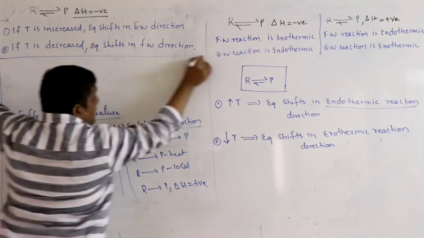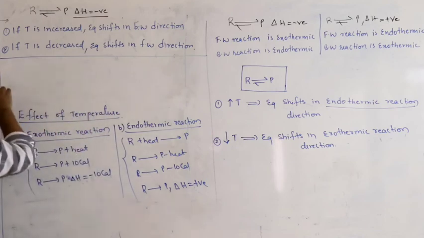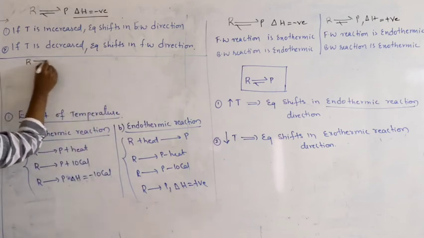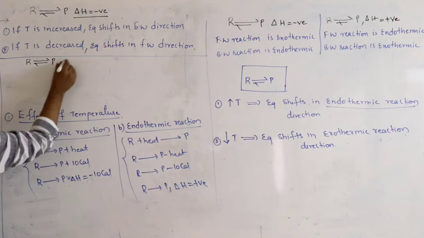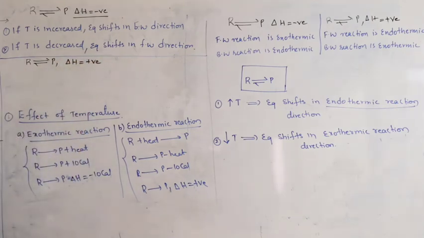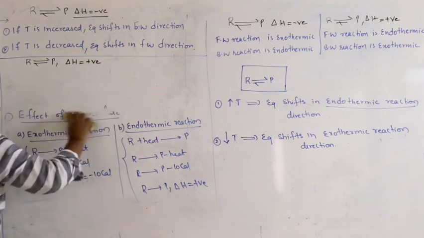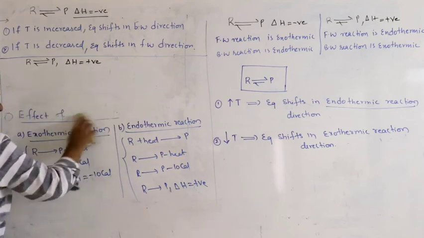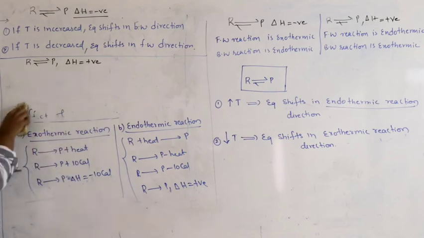Let us take the other example, R in equilibrium with P, delta H is positive. If delta H is positive, what can we assume? Forward is endothermic, backward is exothermic.